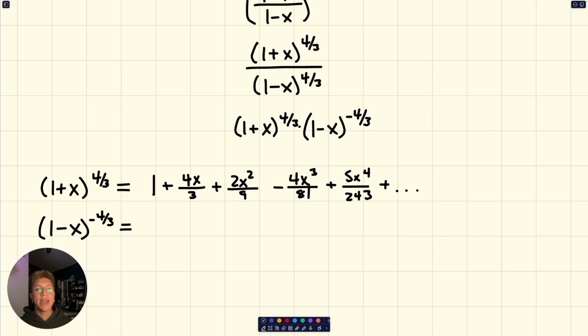Our second term is 1 minus x, and that's being raised to the negative 4/3 power.